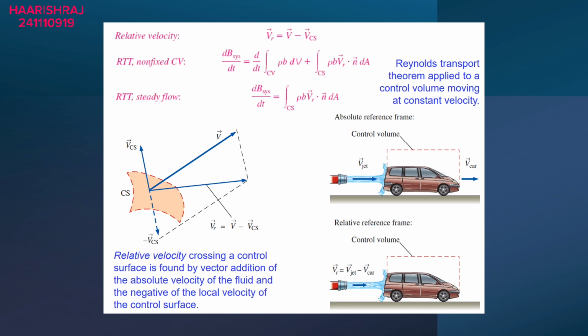RTT, steady flow: dB system over dt equals the integral of rho b V R dot n dA. Relative velocity crossing a surface is found by vector addition of the absolute velocity of the fluid and the negative of the local velocity of the control surface.